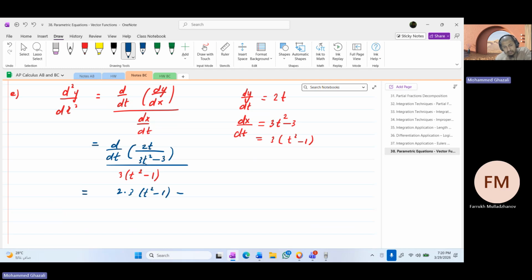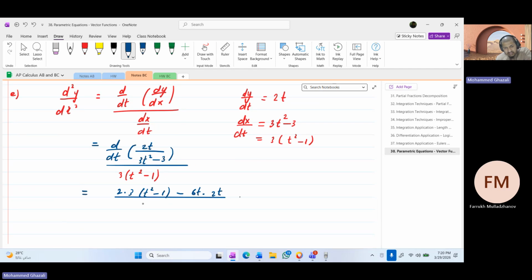Subtract, differentiate the bottom. I'll differentiate the expanded form. You understand this? Differentiate the top, leave the bottom. Differentiate the bottom, leave the top. Quotient rule. 6t, and leaving the top, you get 2t, right? And it is divided by the denominator squared.